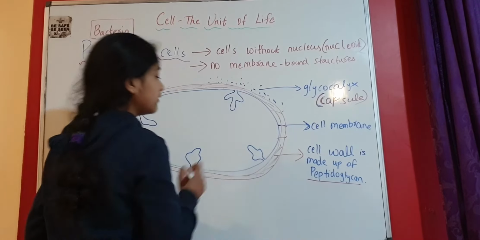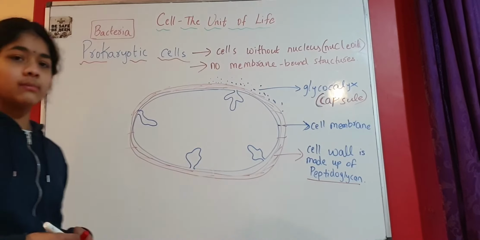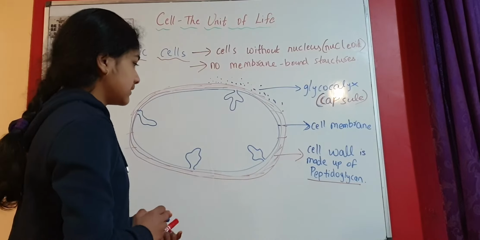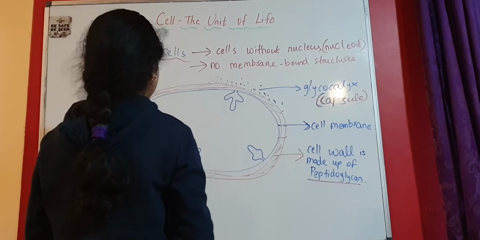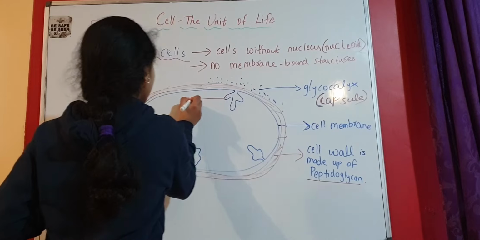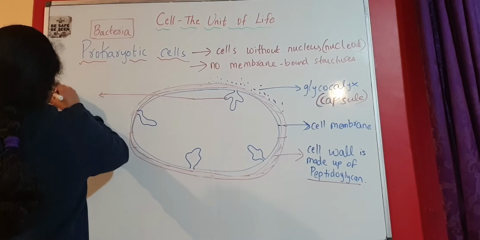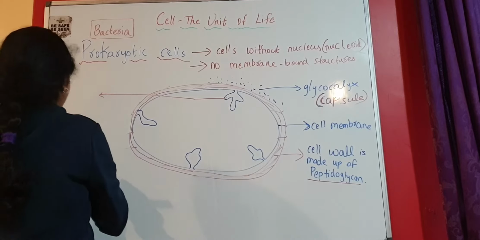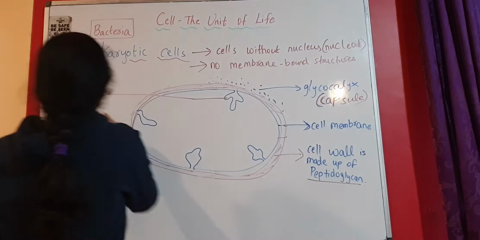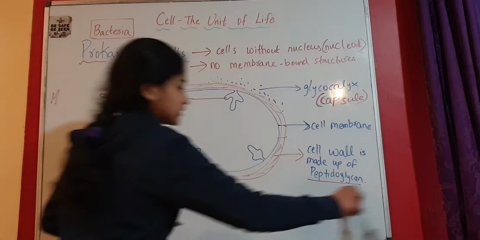So there are some infoldings of the plasma membrane, and these infoldings are called mesosomes.